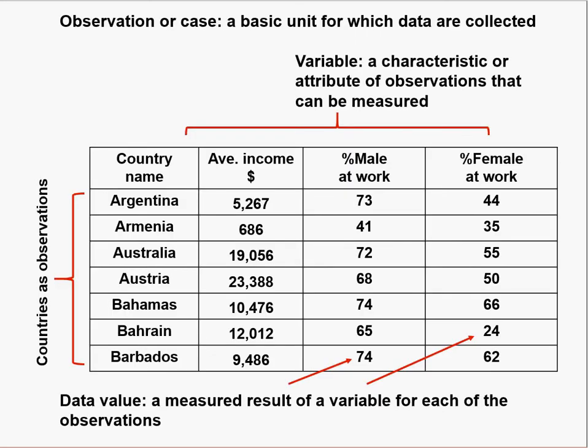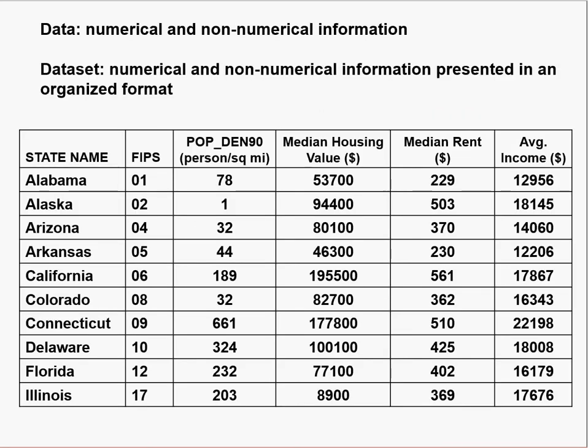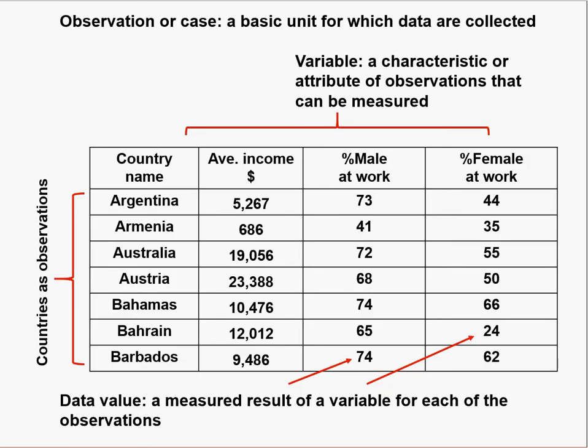We measure data in basic units that we call observations or cases. In this example, the basic measurement unit of data is a country. For the last example, the basic unit we use to measure data is the state. We can also use counties, cities, or individuals as a basic unit of data measurement.